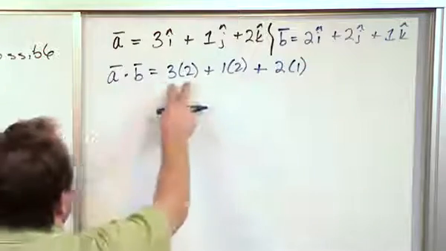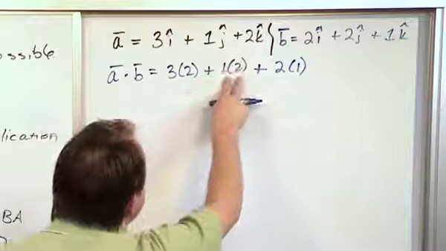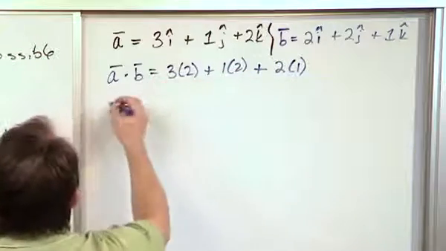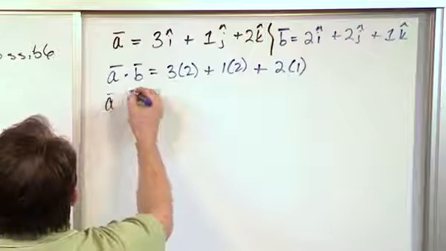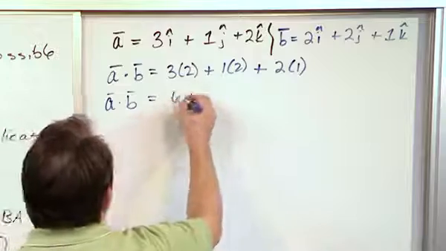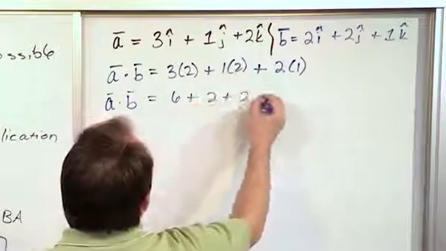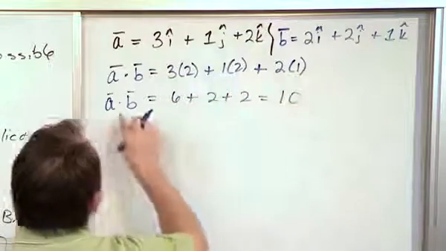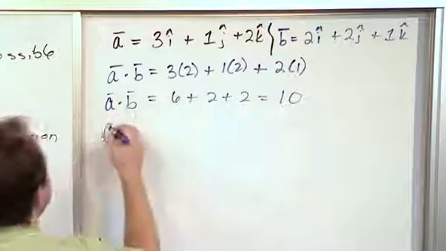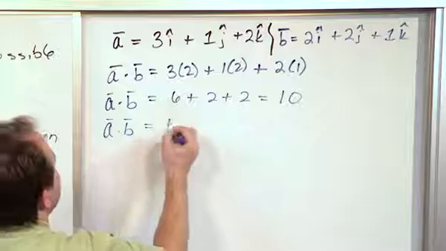So we have a multiplication going on, a multiplication going on, a multiplication going on, and then we're adding everything together. That's how we arrive at the dot product. In this case, 3 times 2 is 6, plus 2, plus 2, and that's going to give us a 10. The dot product returns a number. So A dot B is 10.